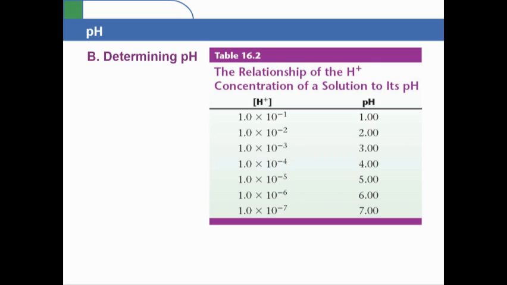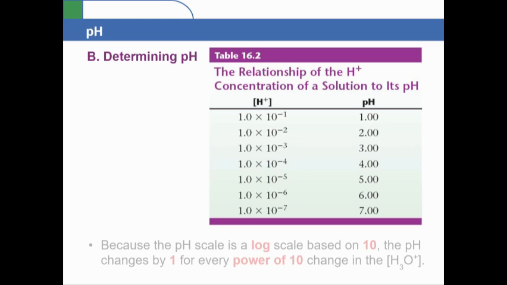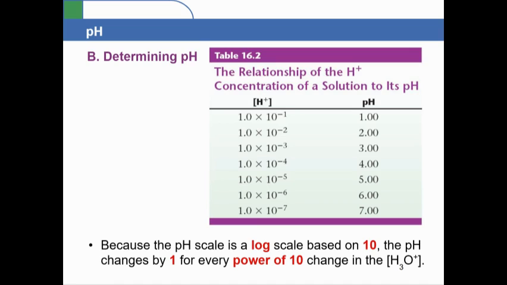If it goes by 2 pH, let's say from 4 to 2, then you go from 10 to the negative 4 to 10 to the negative 2. It's 100 times more concentrated in hydronium. So every time you change pH by 1, the hydronium concentration goes up or down by a power of 10.